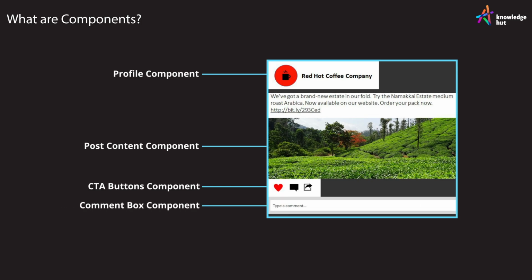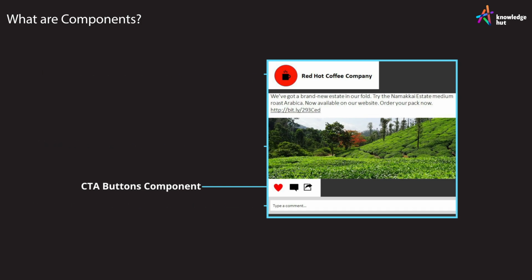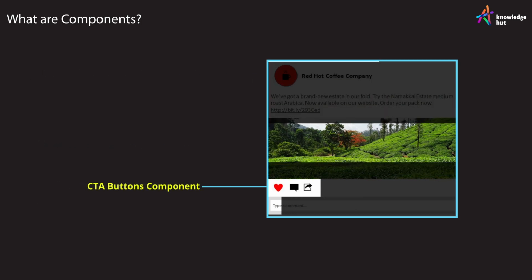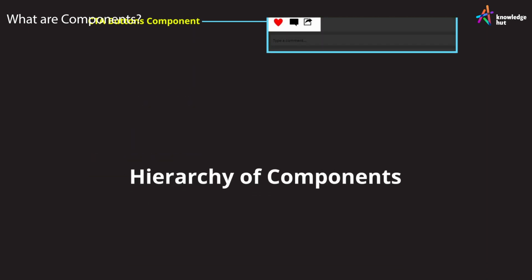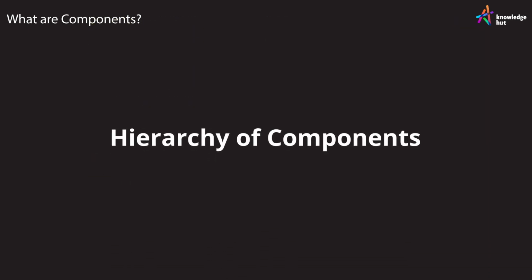By breaking down the UI into functional components, not only does this bring logic and sense into the design process, but it also makes manageability a breeze. For instance, when a new CTA button is to be added, then only the CTA buttons component needs to be edited. If we look at the hierarchy of components, then you'd get something like this.